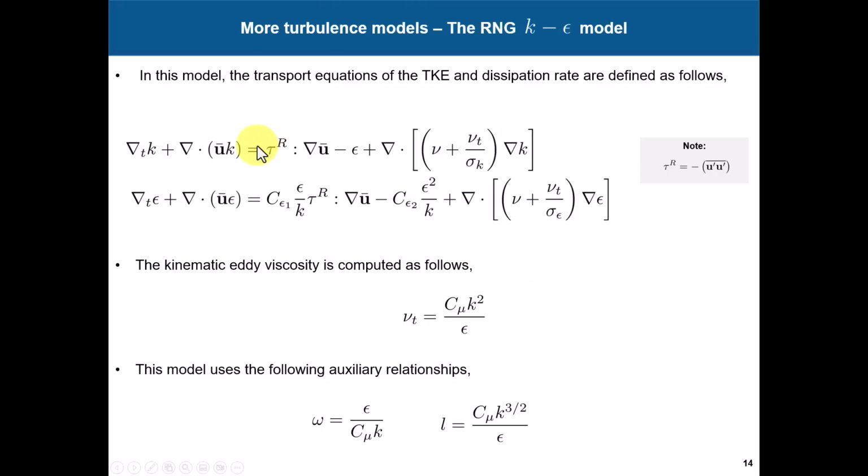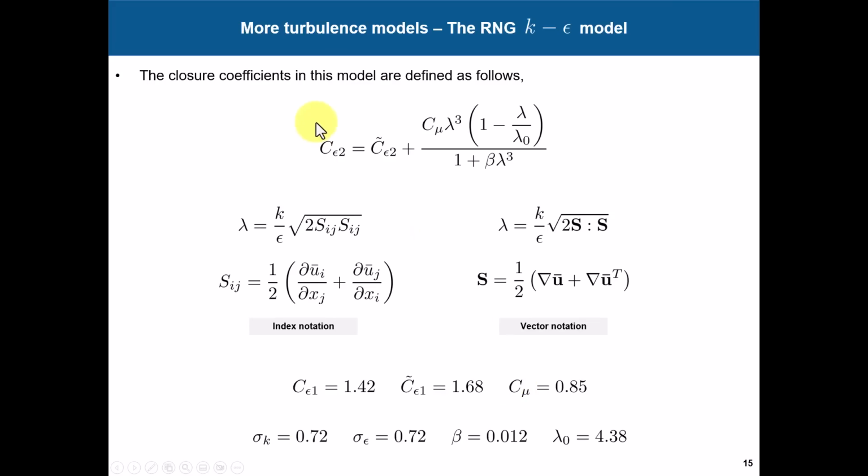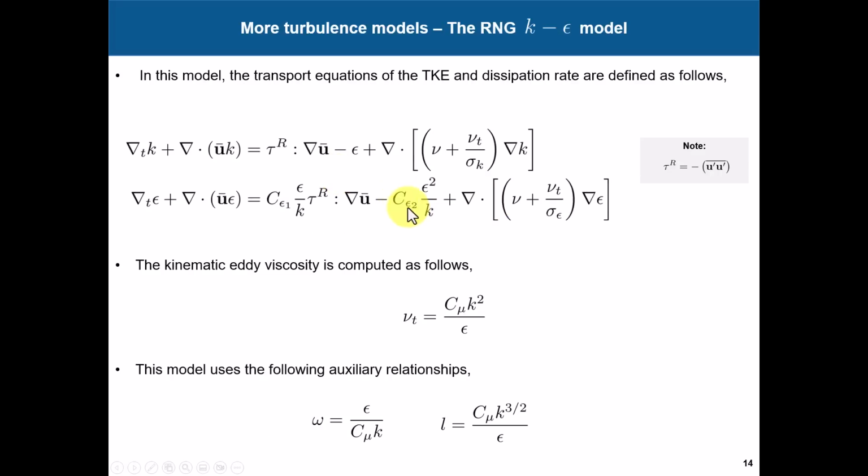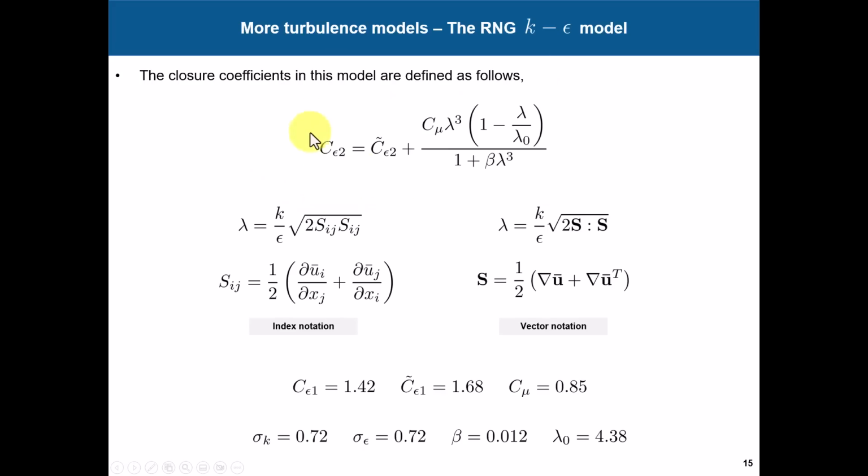So these are the equations. As you see, it's pretty much the same. How you compute the turbulent viscosity is the same, the same constant relationship. But then you see a change when you look at C-Epsilon2, this coefficient in the dissipation equation. So look at that. Now you have this dependence, and then you have all these definitions.